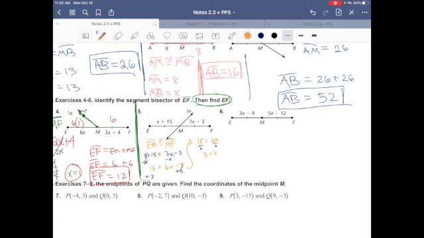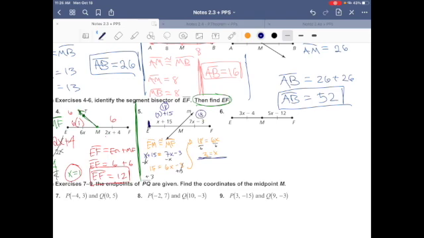Now we're not done. Now that I know that x is 3, I'm going to take my x, and I'm going to plug it in for x, right? I'm going to take that 3. So this is going to be 3 plus 15, which is 18. And if I know that these are congruent, if this is 18, then MF also has to be 18.